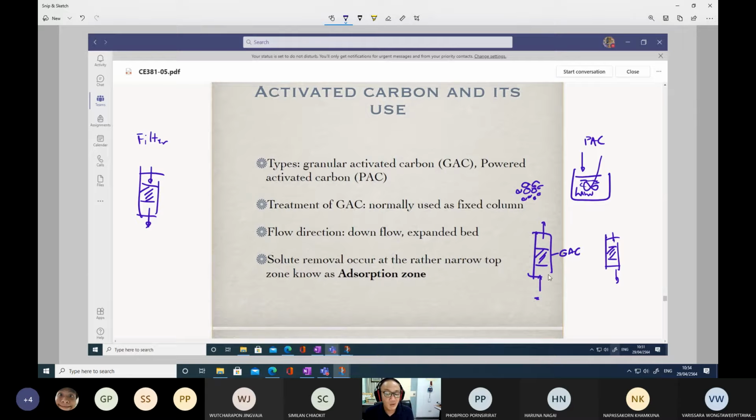This is because upflow always creates flooding conditions inside this media.